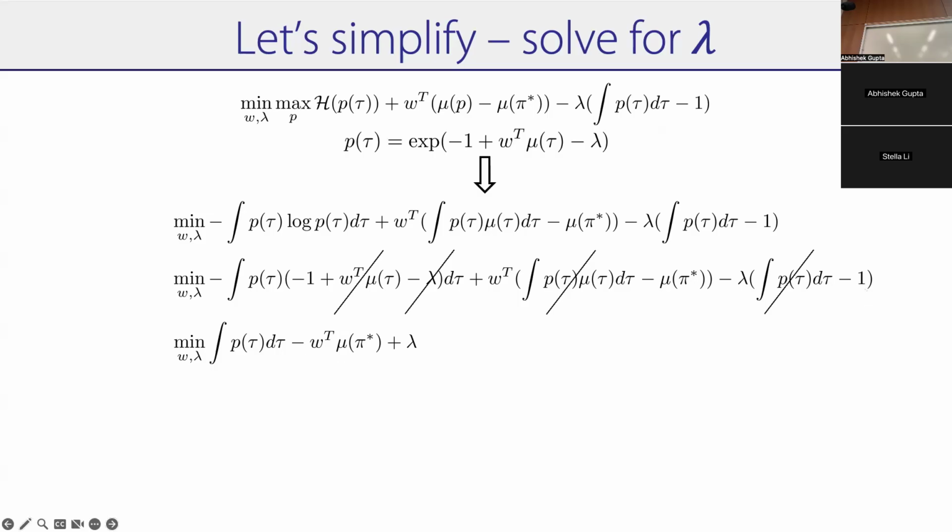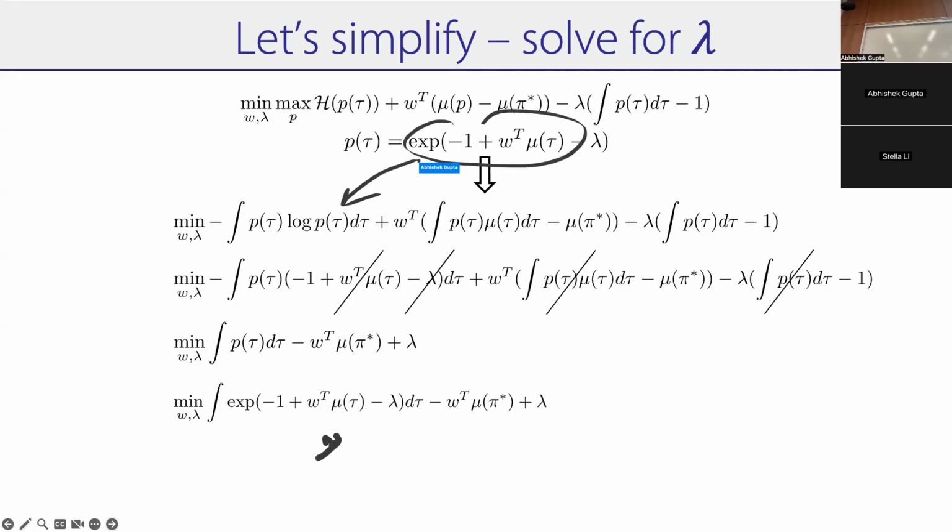And now we want to minimize this with respect to lambda. So all we did is we simplified this. We substituted in log P tau here, and then we substituted in P tau down here to get this objective.